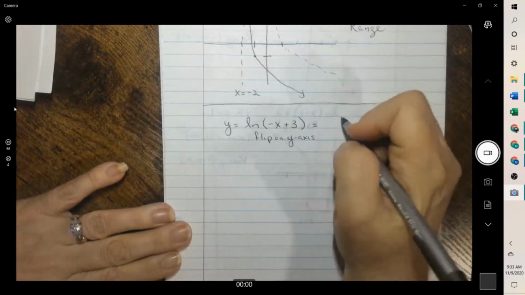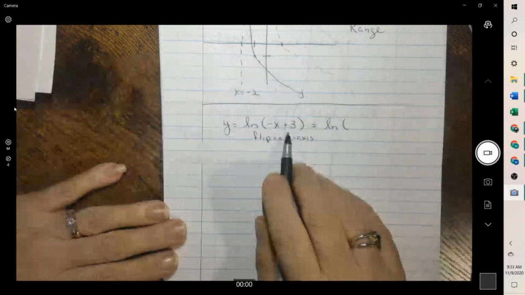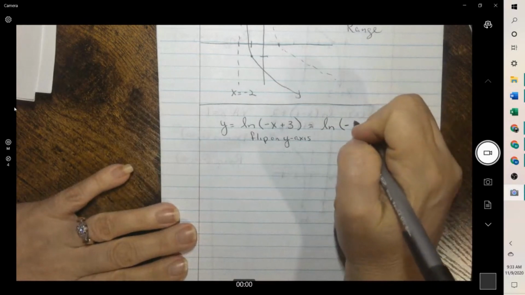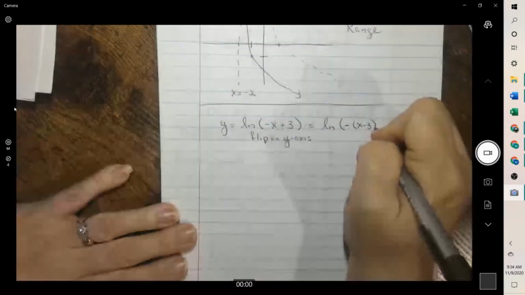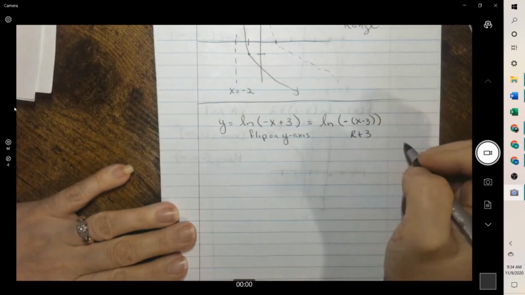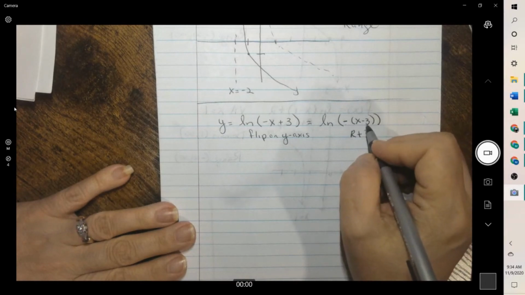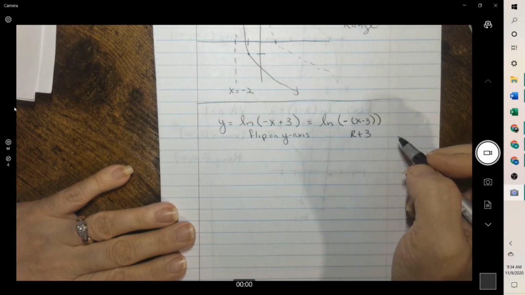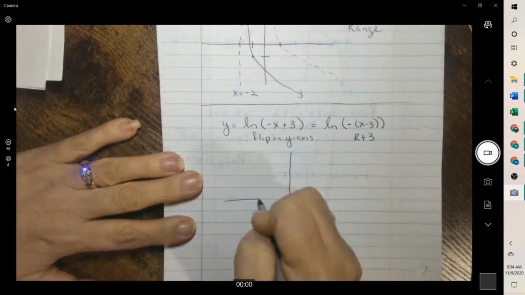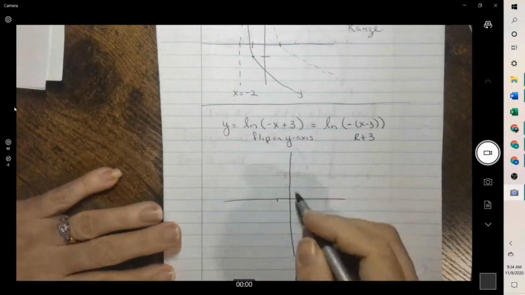But the other thing you need to do before you can say, because saying left 3 would be wrong, you have this negative here, you have to pull it out. So it's moving right 3. This negative is flipping it, and this is moving it right 3. So the basic graph, instead of being here at 1, it's going to be here at -1.